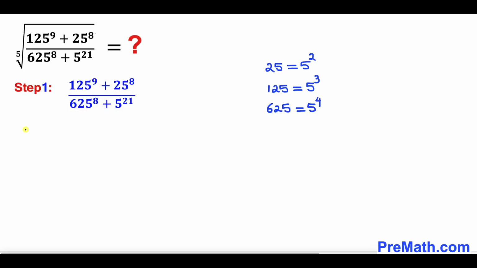This problem is going to look like 5 power 3 and then whole power 9 plus 5 power 2 and then whole power 8, divided by, at the denominator, 5 power 4 and then whole power 8, and then plus 5 power 21.